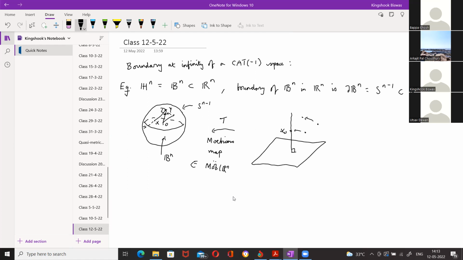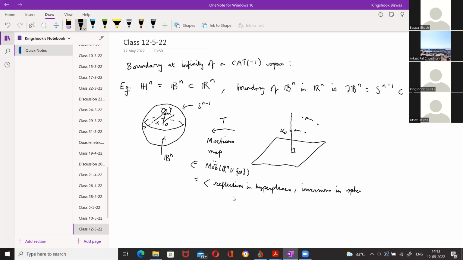This is a group in n dimensions acting on the one-point compactification of R^n, which is the group generated by reflections in hyperplanes and inversions in all spheres.